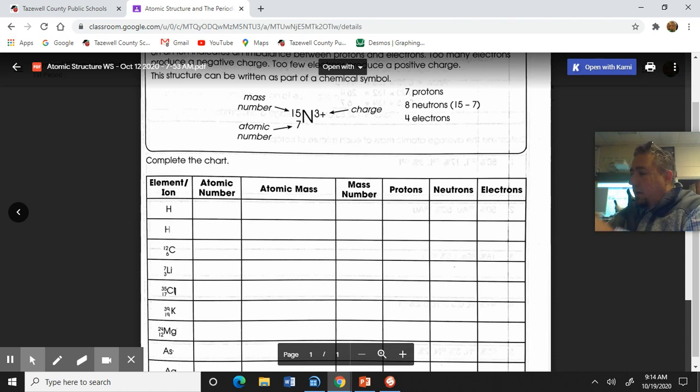If we're talking about an atom, because an atom is the smallest piece of matter there is, there are three things that make up atoms. And what are they? What are the three parts of an atom? Electrons, protons, and neutrons. Right.